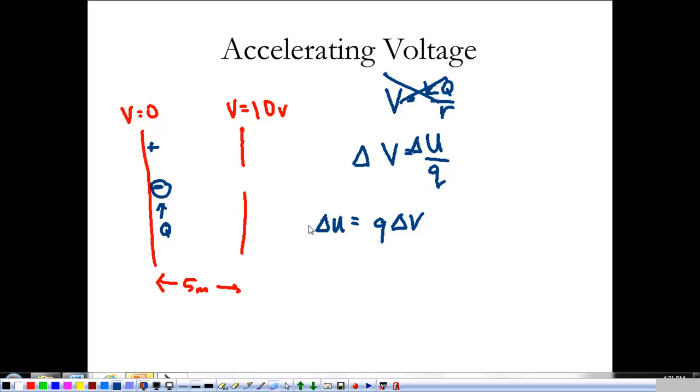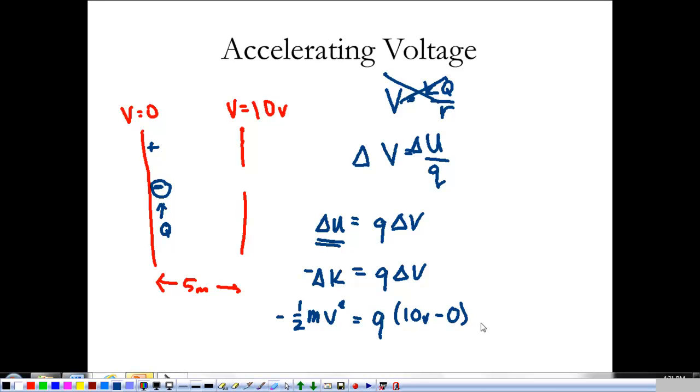Well, I know that my change in potential energy is also equal to the opposite of my kinetic energy. So negative 1/2 the mass of my charge times the velocity of my charge squared is equal to the amount of charge I have times the final voltage minus the initial voltage.